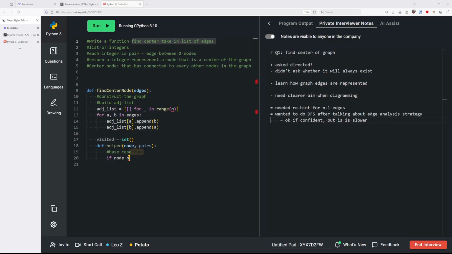If the current node is not in the visit set, we will need to add the node into the visit set. Then we can start the traversal from the current node to its neighbor nodes.